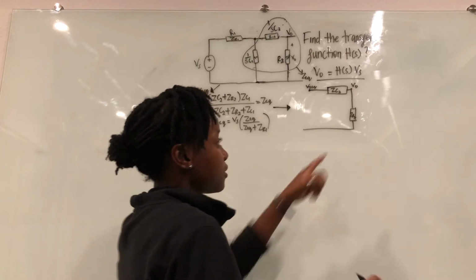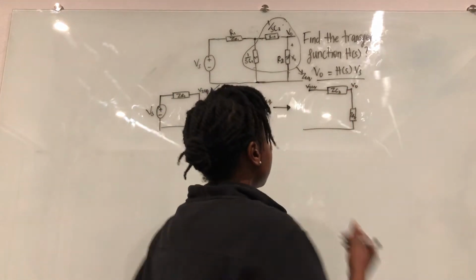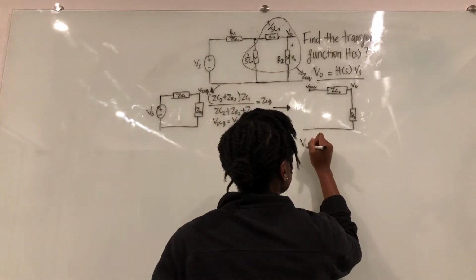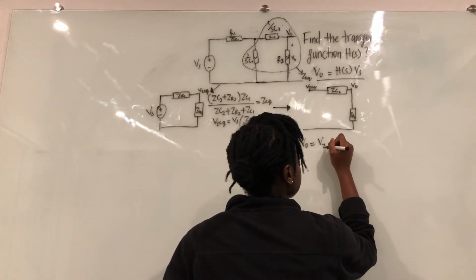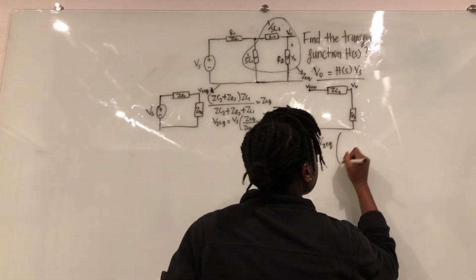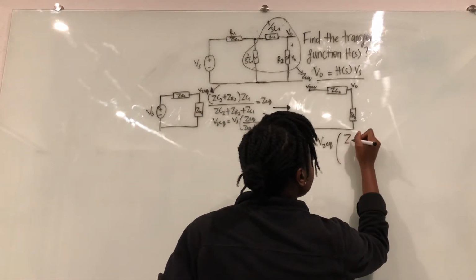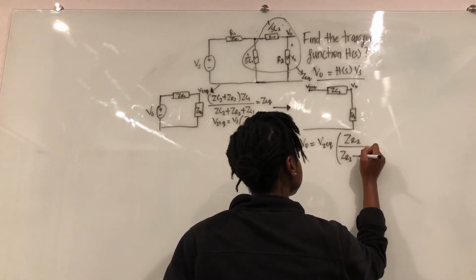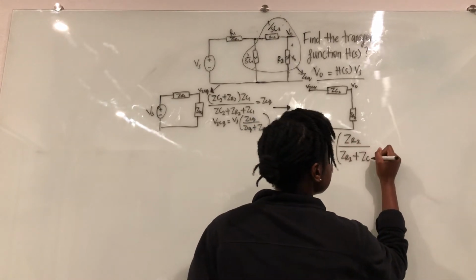From here we can solve for our V0. Again, doing a simple voltage divider, we have V0 equals VZEQ, which is our new VS in this case, multiplied by ZR2 over ZR2 plus ZC2.